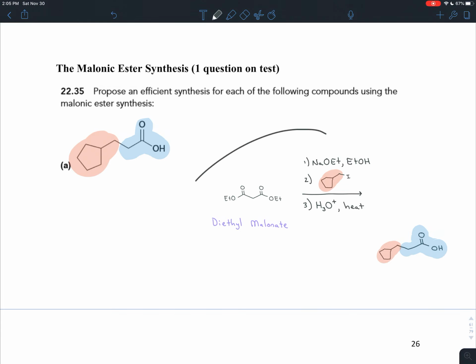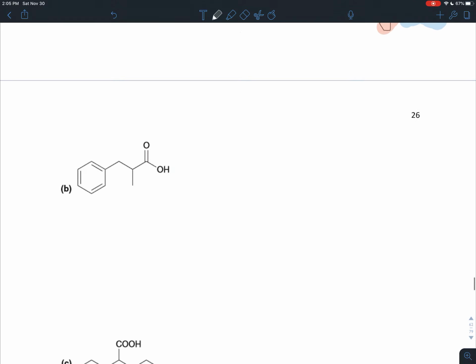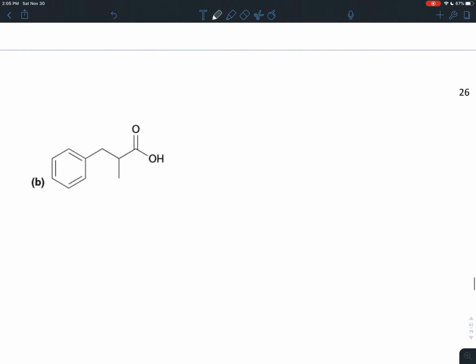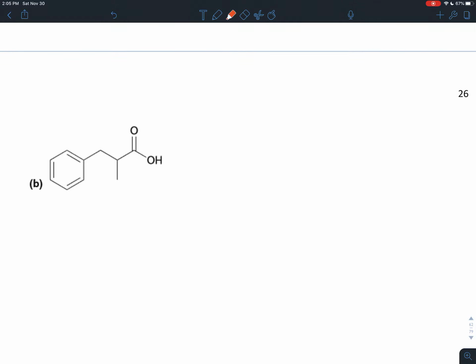And so those steps are the essential steps for creating this carboxylic acid. So we're doing retrosynthesis here. Given the product, what do we need to make it?